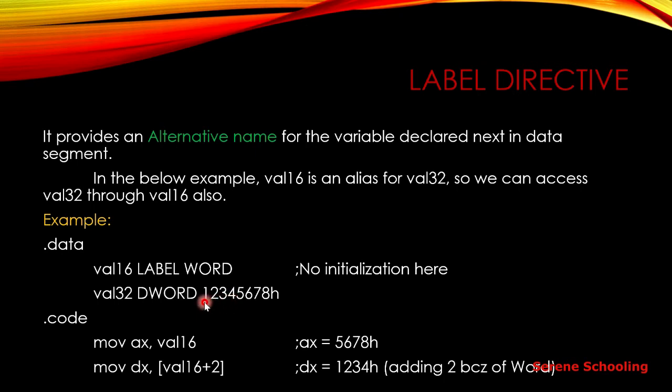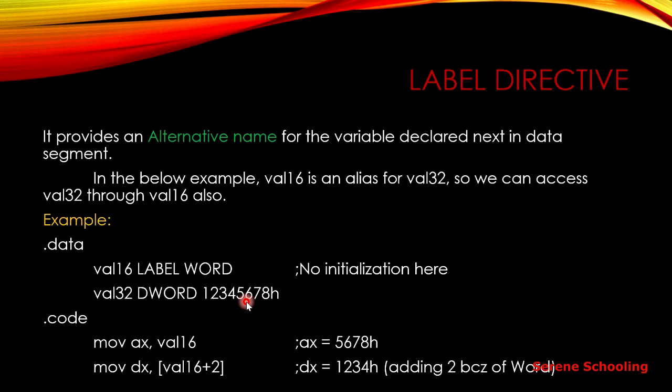We know about AH and AL from the previous lectures. So now inside my AX, what is getting stored? It is 5, 6, 7, 8. That is the lower half, the 2 bytes of this 4-byte number, that is getting stored in AX. But why is 1, 2, 3, 4 not getting stored and 5, 6, 7, 8 is getting stored?